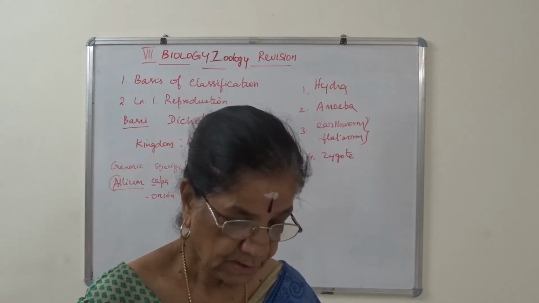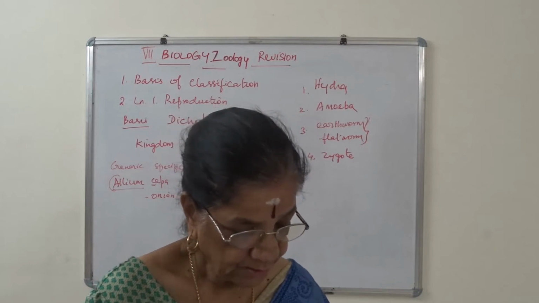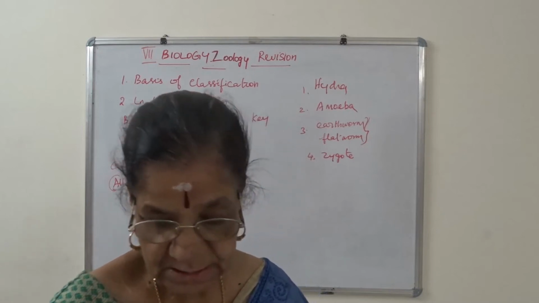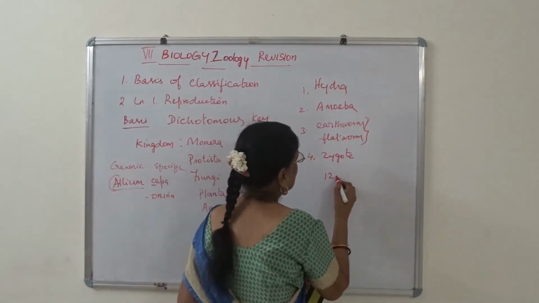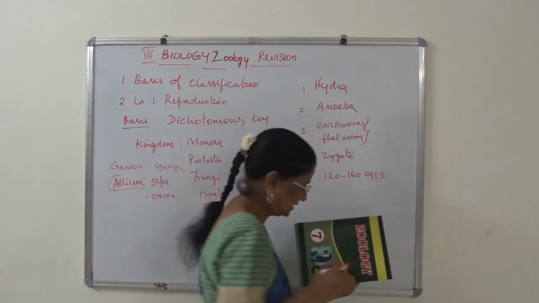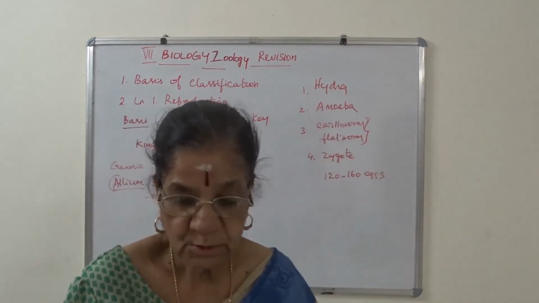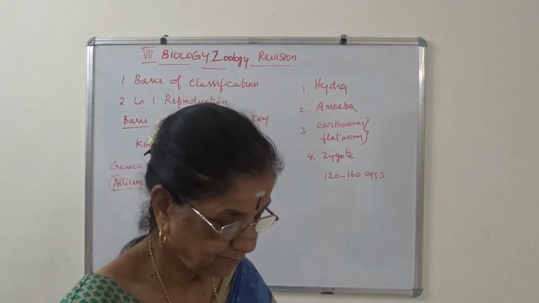A female housefly lays about 120 to 160 eggs at a time.